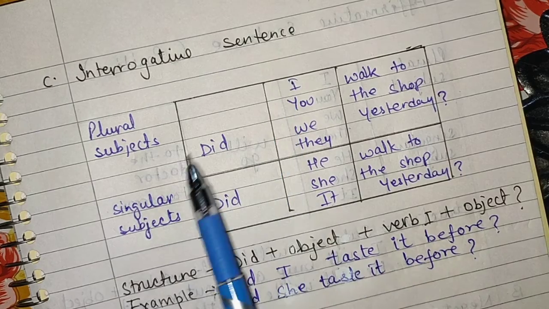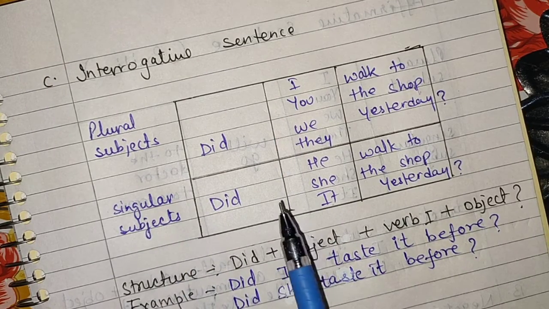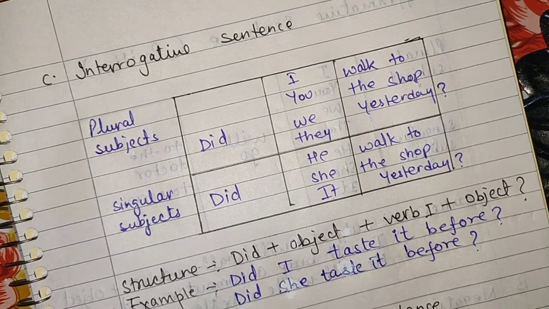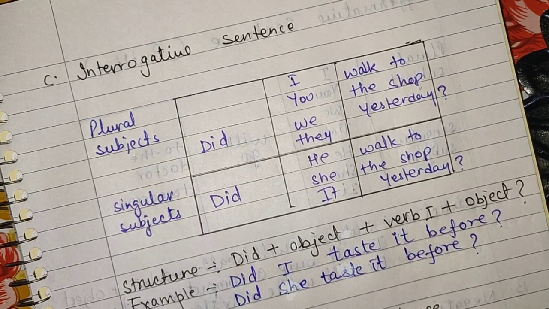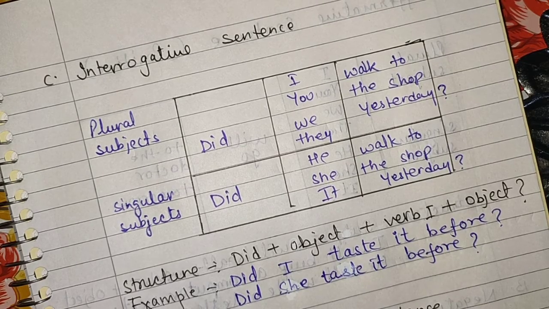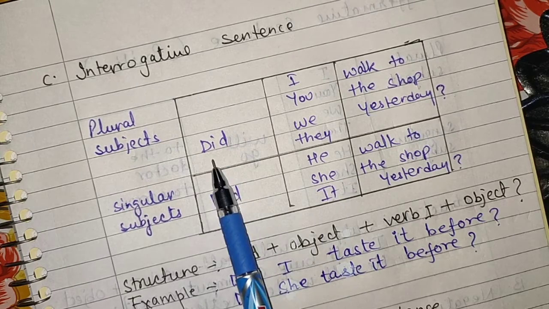Interrogative sentences in simple past. Now interrogative sentences in simple past, again nothing you have to do. We were using did not in negative sentences. Now you will remove not from those negative sentences to convert negative into interrogative. You will remove not and you will place this did before the subject.